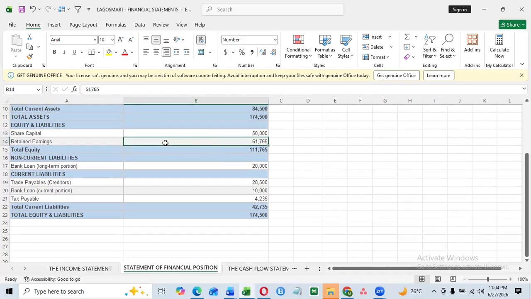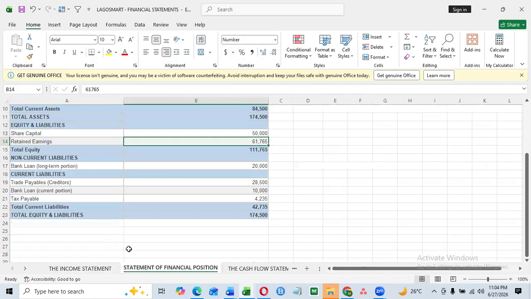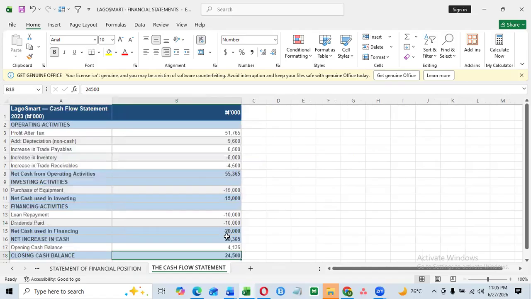You can see retained earnings there. Cash on the balance sheet is confirmed by the closing balance on the cash flow statement.